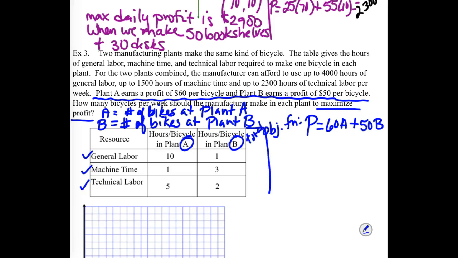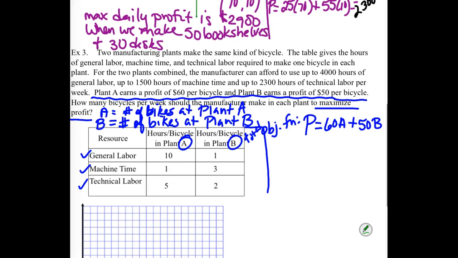How much total time do we have for general labor? What did they tell us? We can use up to 4,000 hours of general labor. Yes? Up to means what?